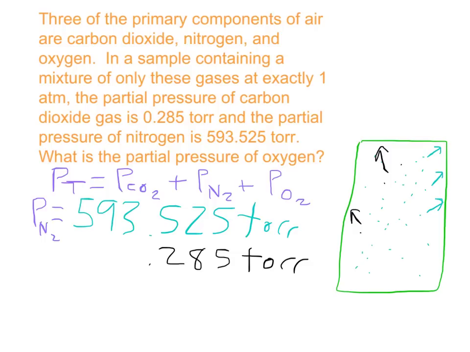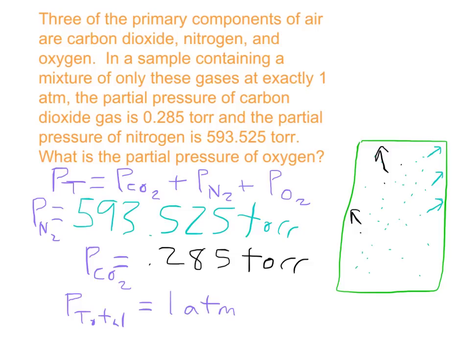And we know that the partial pressure of the carbon dioxide gas is 0.285 torr. And we also know that the total pressure in the sample is 1 atmosphere, because it says in the problem, in a sample containing a mixture of only these gases at exactly 1 atmosphere. So it tells you the total pressure is going to be equal to 1 atmosphere.